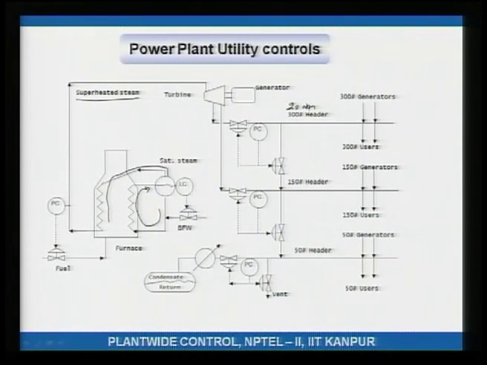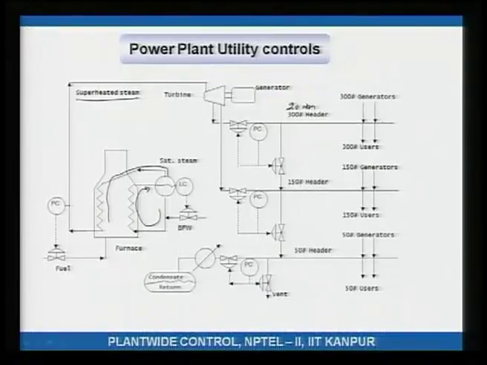So, this steam, which is high pressure steam, is used by various plants. Of course, there are some plants where, for example, a reaction is generating a lot of heat. So, that hot reaction stream or the reaction heat is used to generate high pressure steam, and so on and so forth.